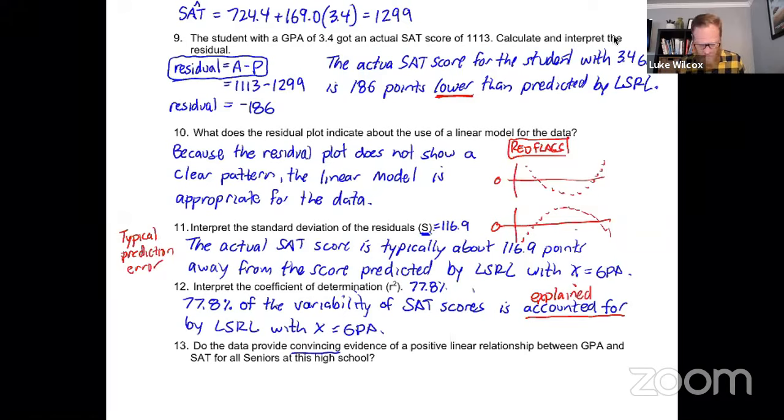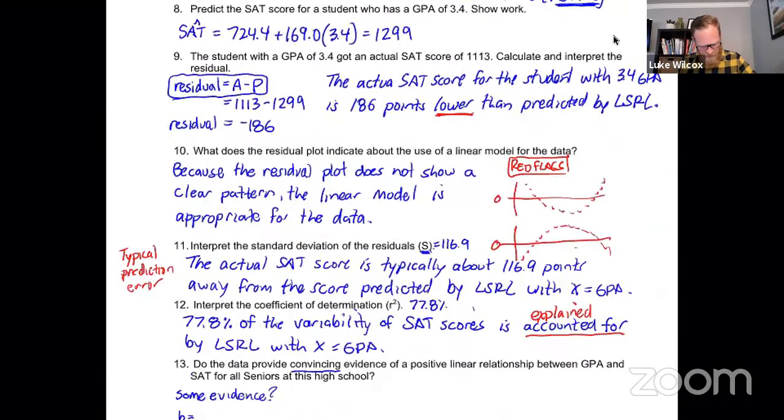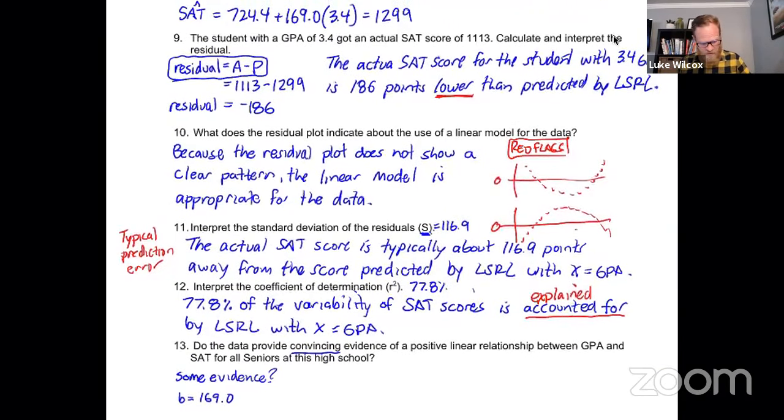But based on our sample, do we have some evidence that there's a positive linear relationship? Well, sure enough, if you look at the slope value, right, our slope value was 169.0, which is very clearly a positive linear relationship, right? It's greater than 0. So we do have some evidence based on this sample of 10.